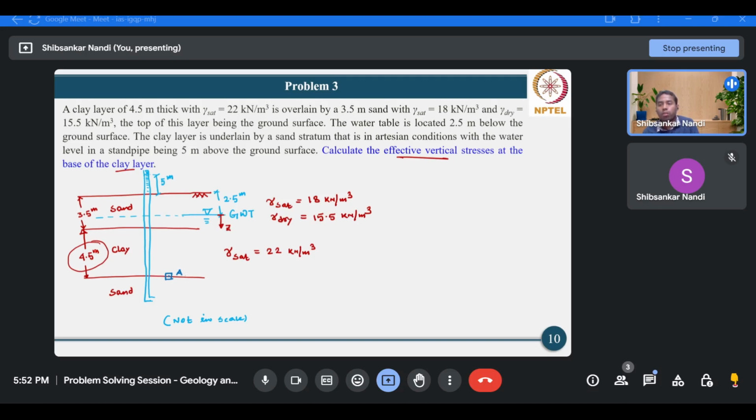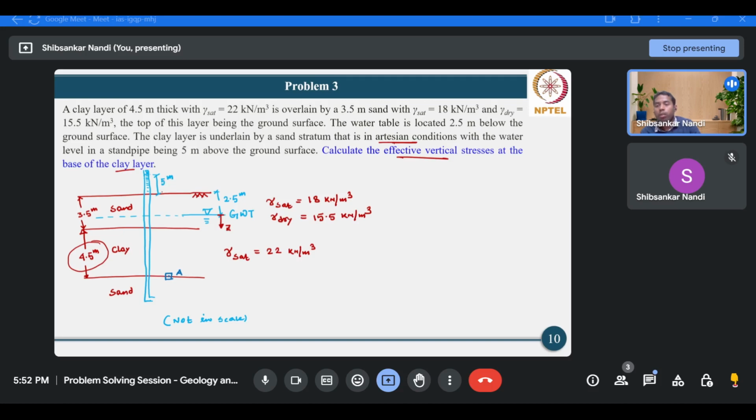Sorry, this is 4.5, so 5.5. But please keep in mind that for the artesian condition, this is the tricky part for this problem. For the artesian condition, the water table rises 5 meter above the ground surface.